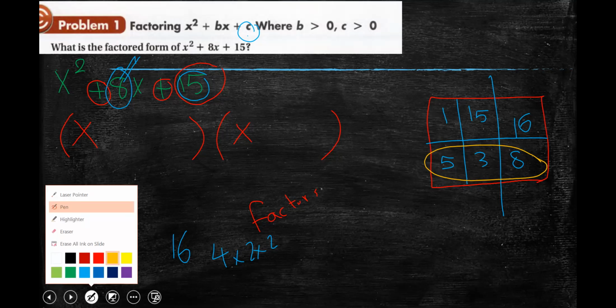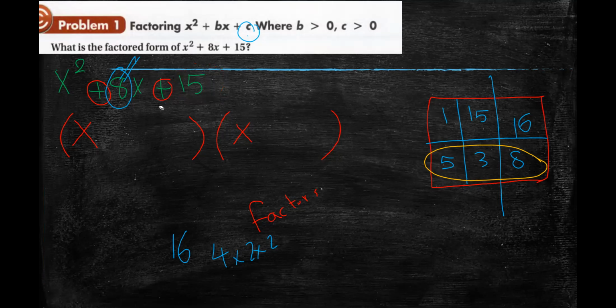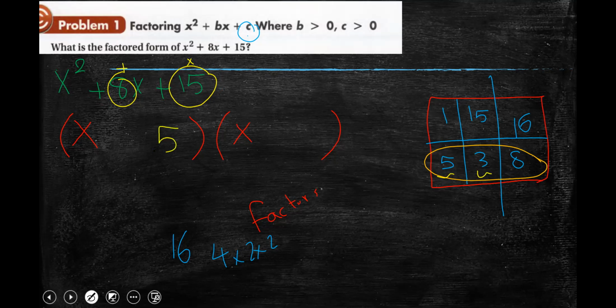The question is: give me two numbers that if you multiply them, you get 15, and if you add them, you get 8. As you see, we found that 5 and 3 are these two numbers. So I will put 5 here and 3 here.